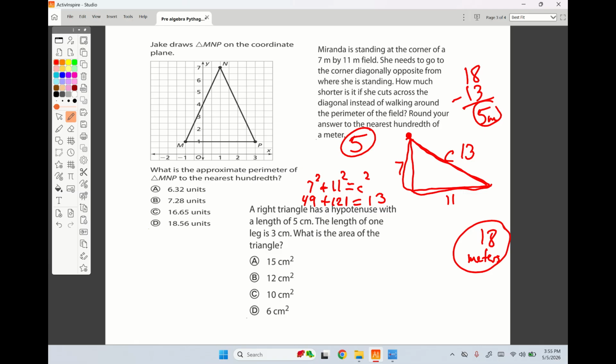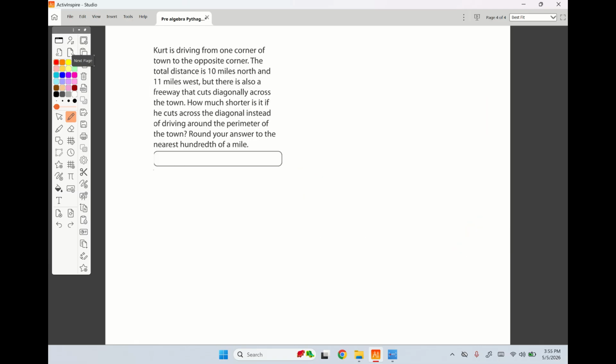And now cutting diagonal is going to be what they're asking about. So how much shorter is this one? So let's add first the normal route. 11 and 10 gives you 21 total, the long route. And then the shorter route, we set up the Pythagorean theorem.